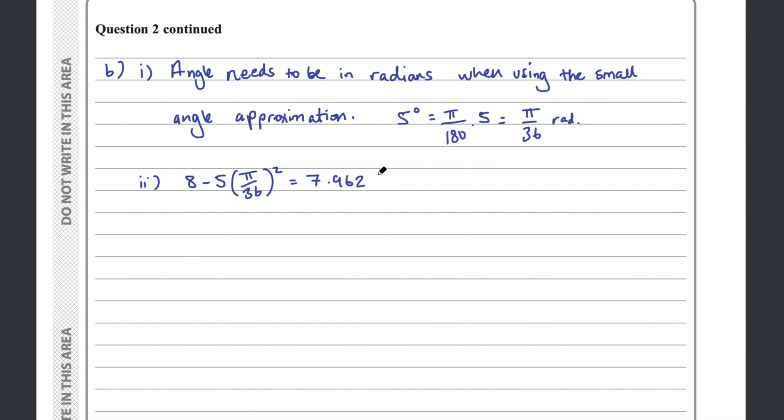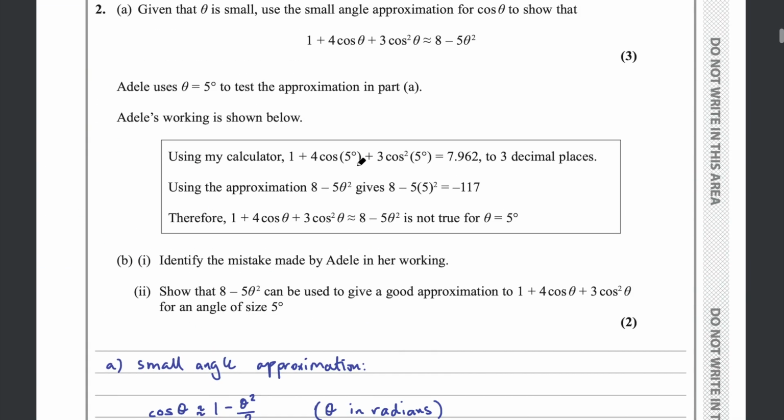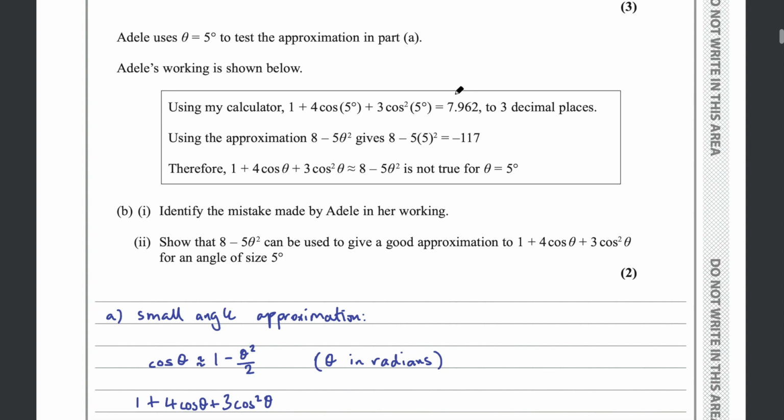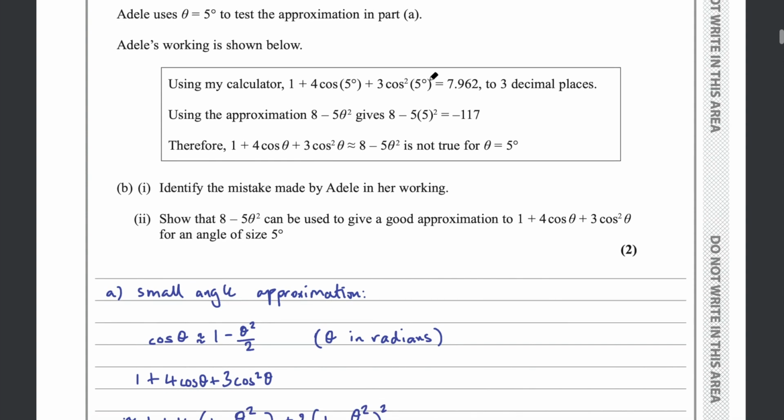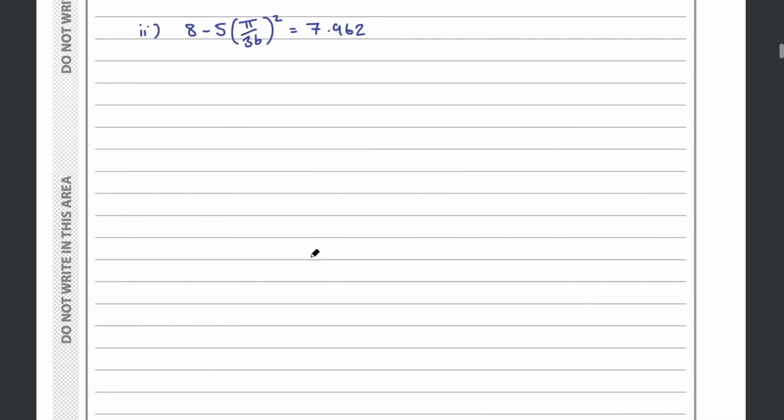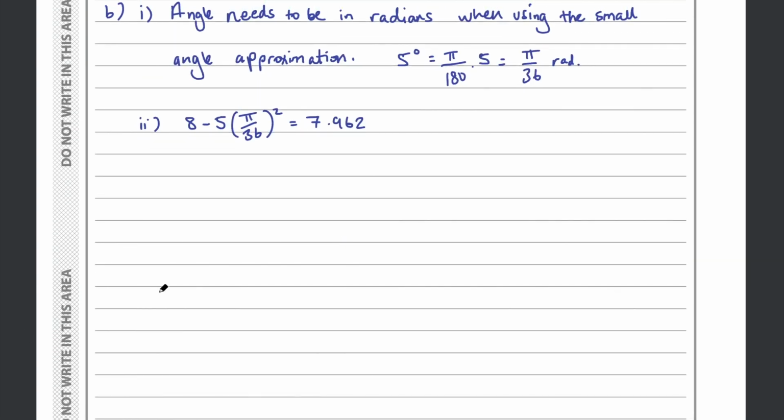to 3 decimal places. And then if we go back to the question, she's found that for the original expression for us already, so we don't have to worry about that one. But we can just say that it is equal to the answer when we use that expression, so it is a good approximation for an angle of size 5 degrees. So we can go ahead and write that down in a sentence or two.